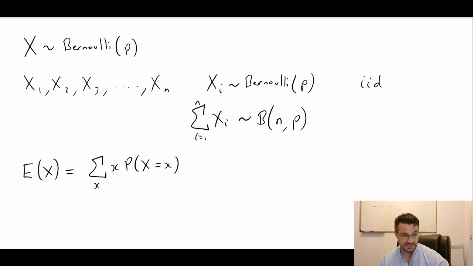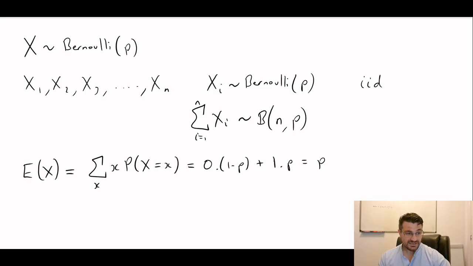Now there's only two outcomes here, so this is very straightforward. It's 0 times 1 minus p plus 1 times p, which is equal to p. In other words, the mean, or the expected value of a Bernoulli random variable, is the value of the parameter.